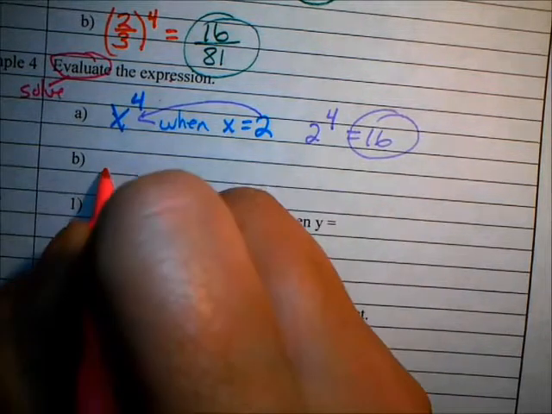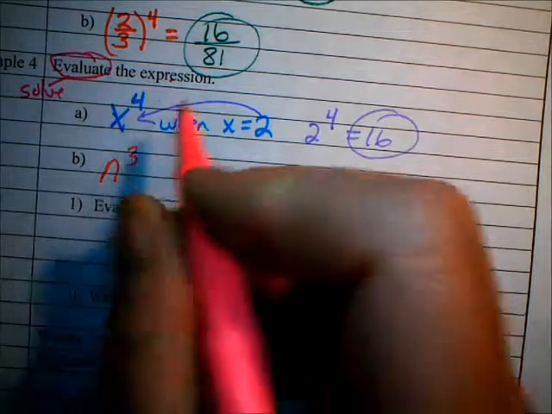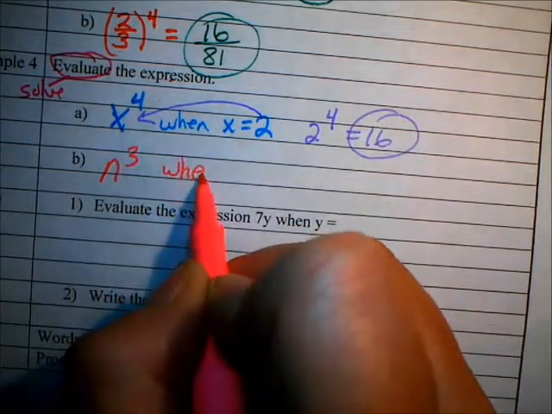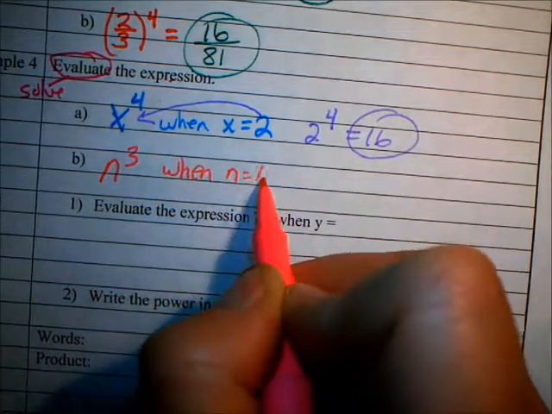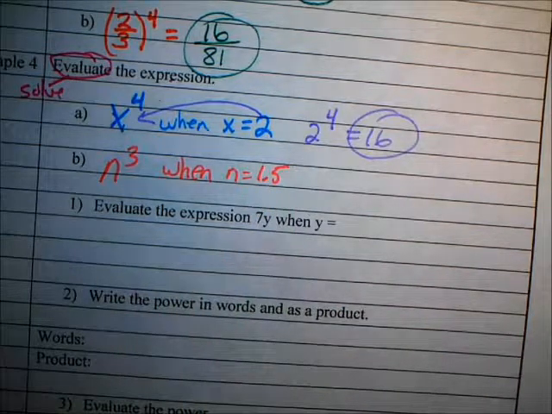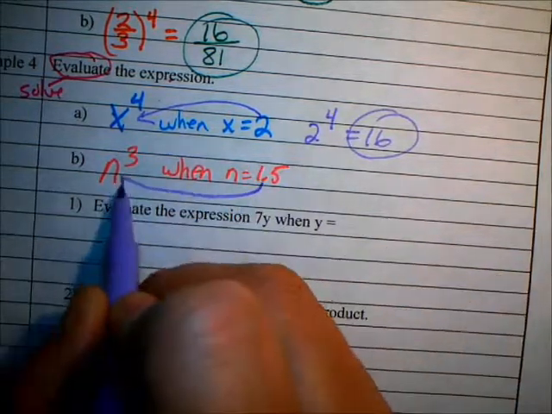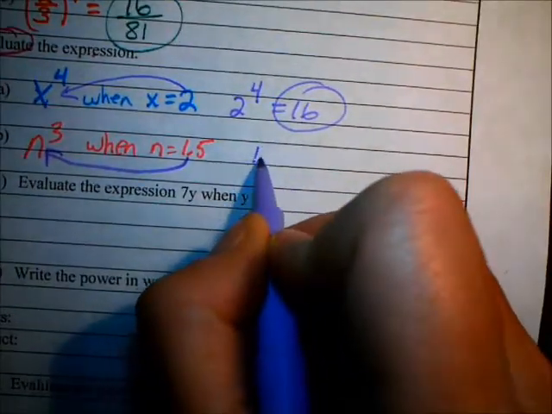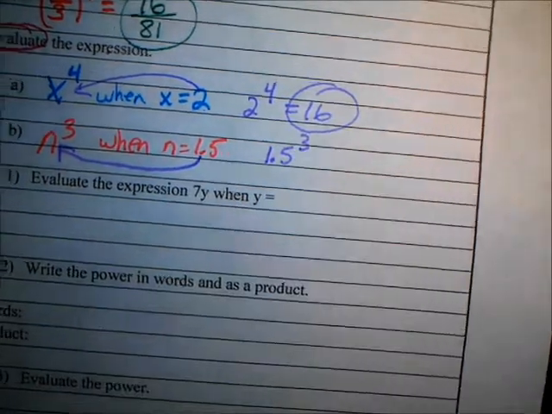Okay, if I try it with a different one, say n raised to the 3rd power, when n is a decimal of 1.5. Well, do as we did before, plug it in for the n, so that means this is 1.5 to the 3rd power.